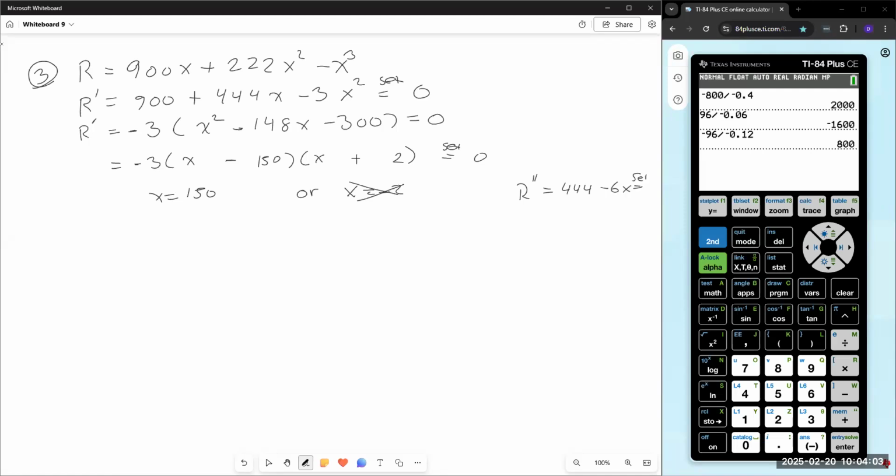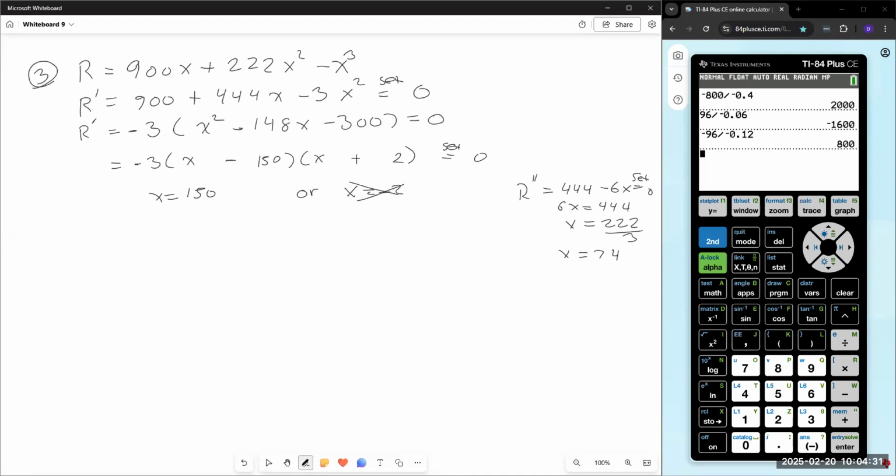And when we set that equal to 0, 6x equals 444, and x is equal to 222 over 3, which is exactly equal to 74 units.